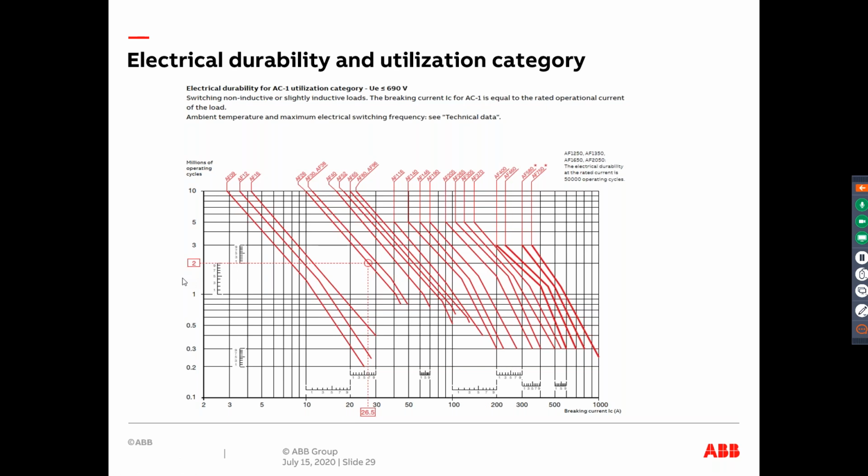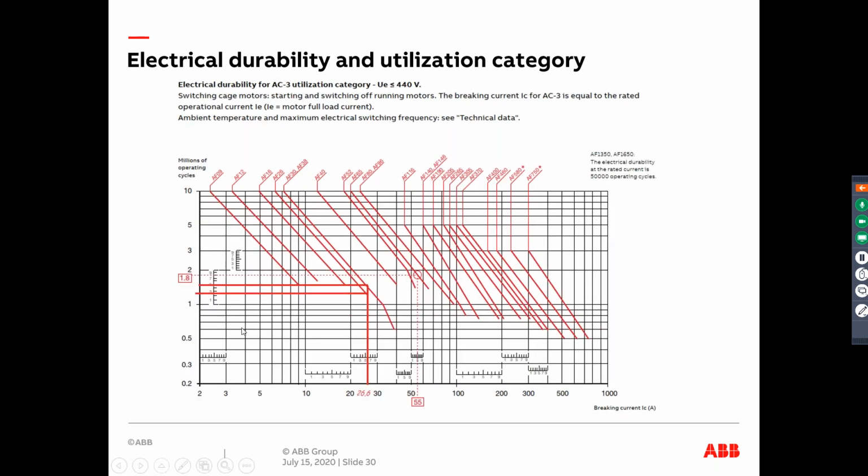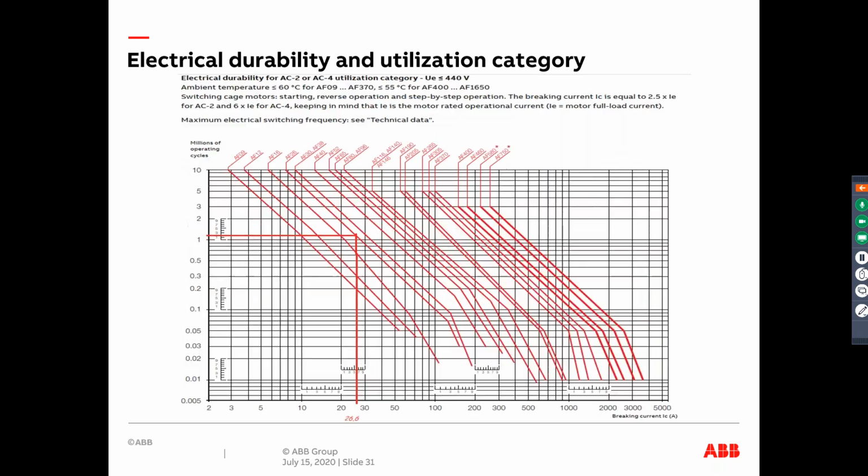If it is AC3, if you're starting a motor with the same current, then the number of cycles has drastically changed. It has gone to around 1.2 million cycles, and it will decrease more if it's AC4, because it's inching and jogging. It has gone to around 1.1 million.